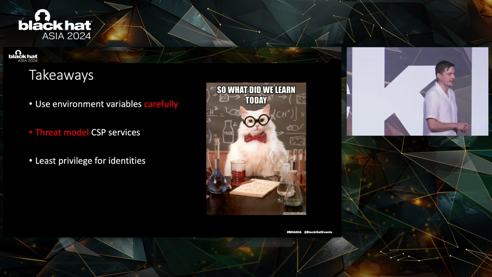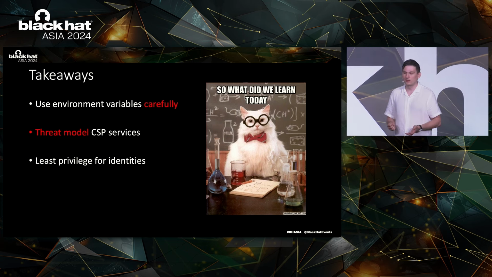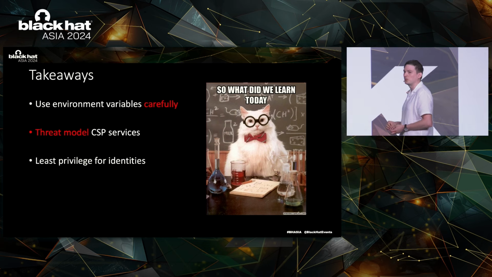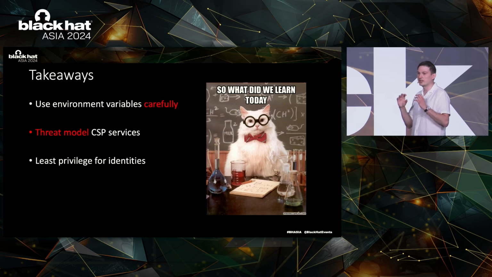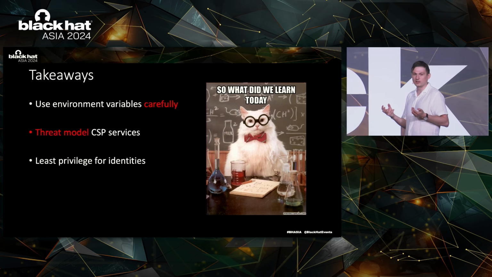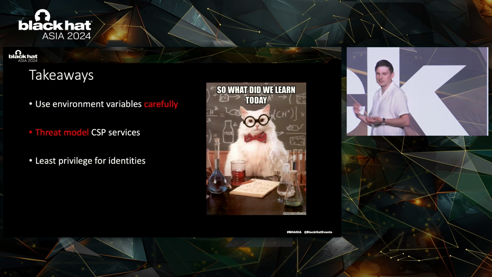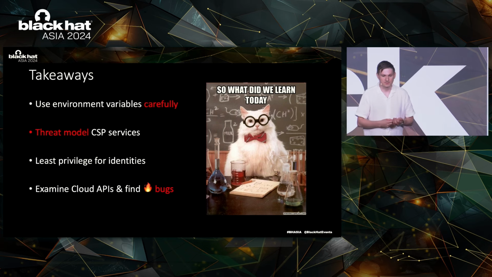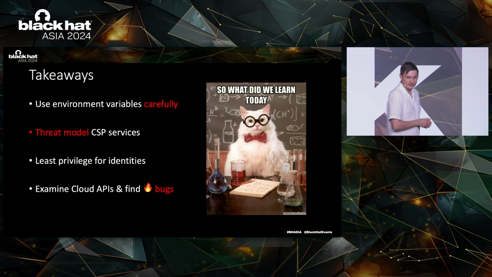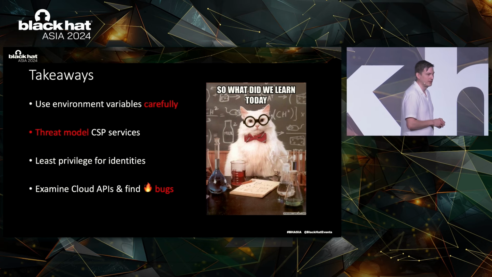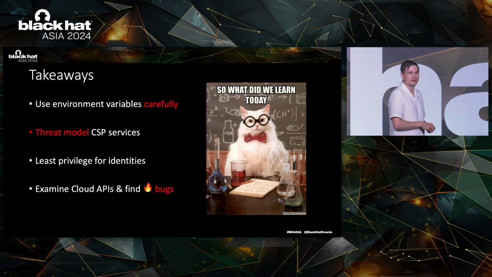Also, one of the security clichés, follow the principle of least privilege, and this is especially important for cloud deployments, because a single access token could lead to full cloud account compromise, especially if you get a high-privilege service principal. If you are a threat researcher, examine cloud APIs, find the bugs, and make the whole environment even more secure.